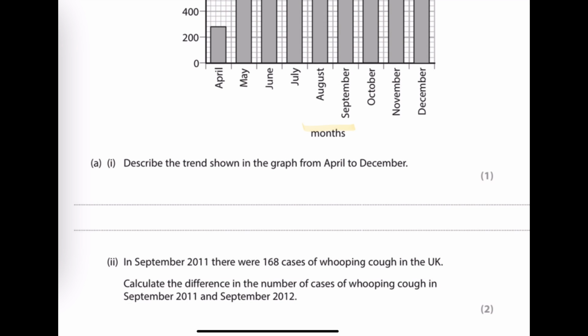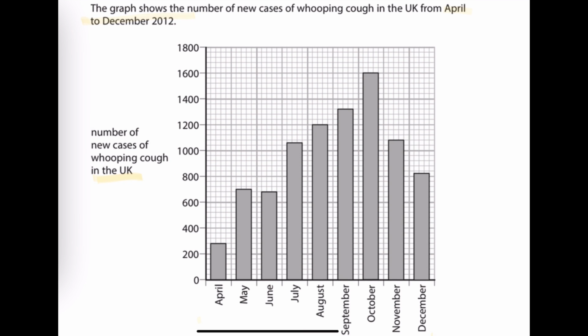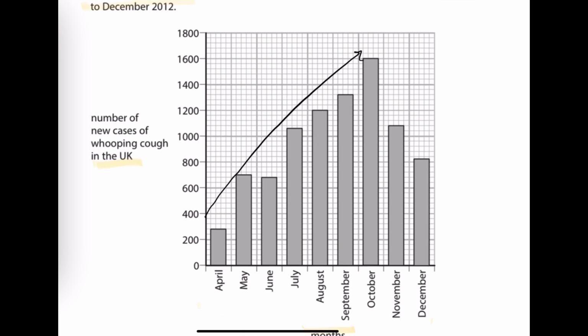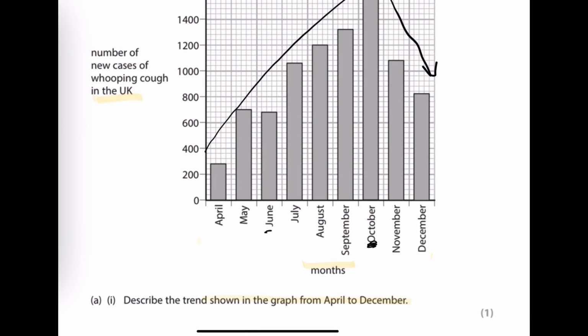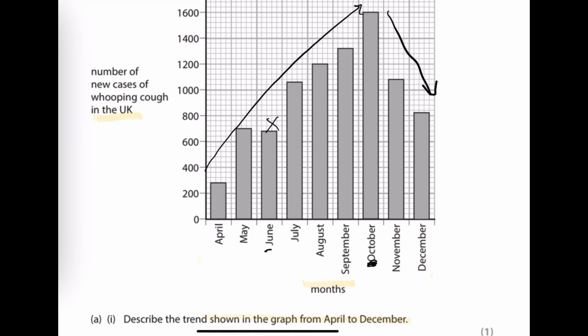So, describe the trend shown in the graph from April to December. We can see over here that there is a rise, and then there's a decrease. This changes in October. While there is a decrease here in June, we just want the overall trend, so we would take this as an anomaly.